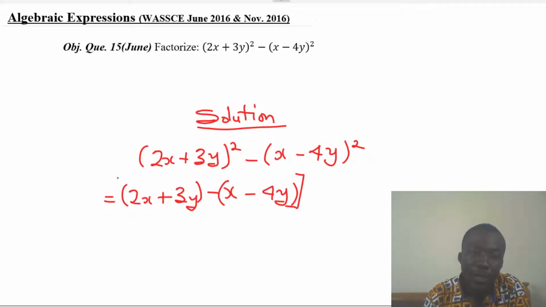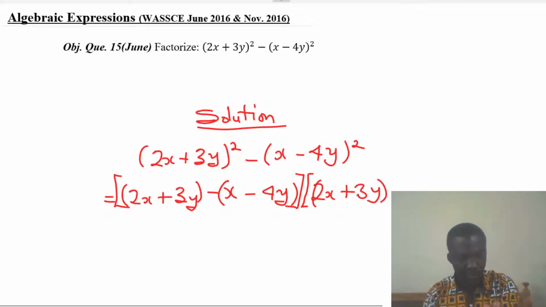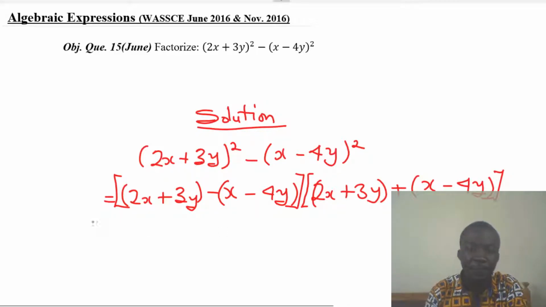This one will be one of our factors, and our next factor will be 2x plus 3y inside a small bracket. Then we add x minus 4y, also in a bracket like this. After which we simplify.